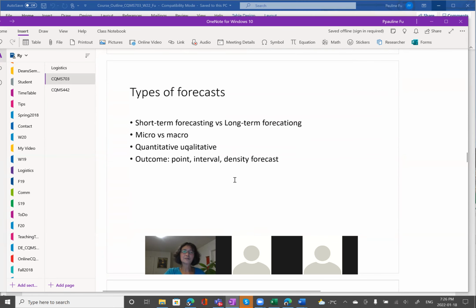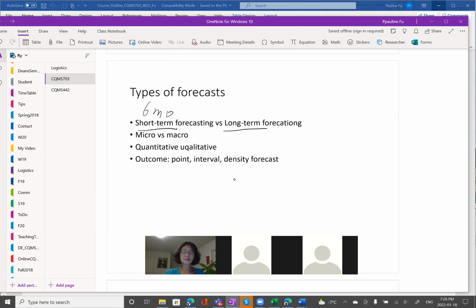Next, the types of forecasting at different levels. If you consider the time frame, we divide forecasting into short-term versus long-term. Usually, if it is 6 months or less, that is short-term. Above 6 months, it is long-term forecasting.